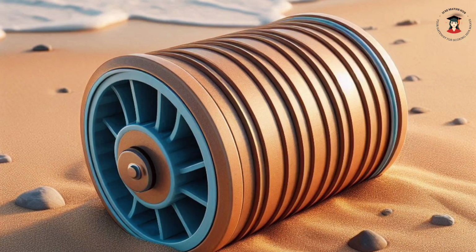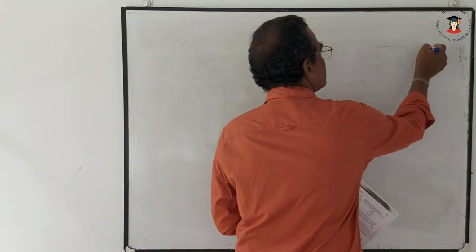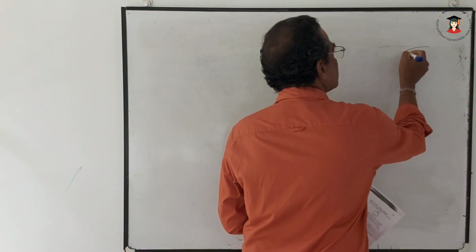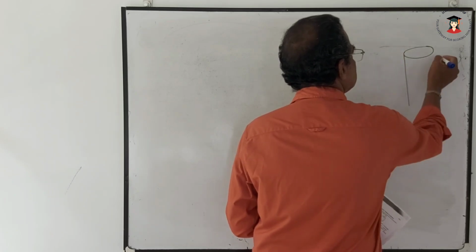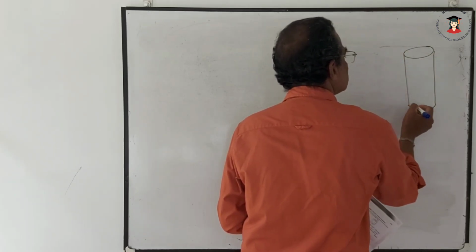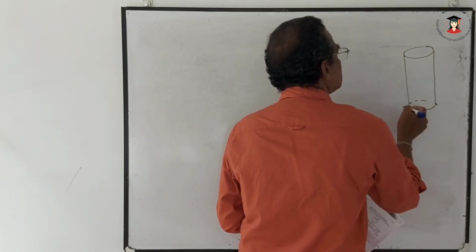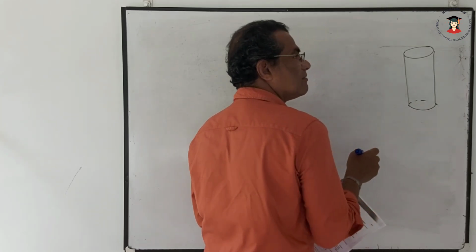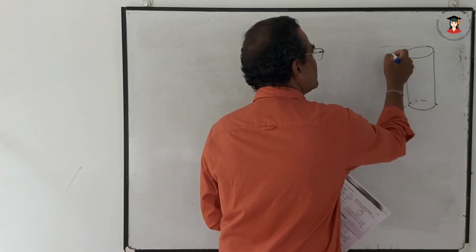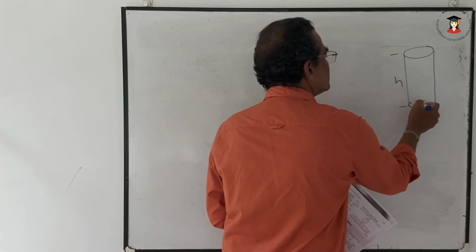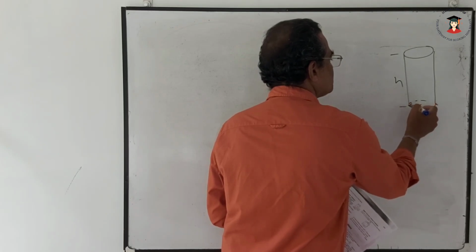A roller is always placed horizontally. Usually the roller is actually a cylinder. A cylinder we always draw in a vertical position. This is the height of the cylinder and this is the base radius.